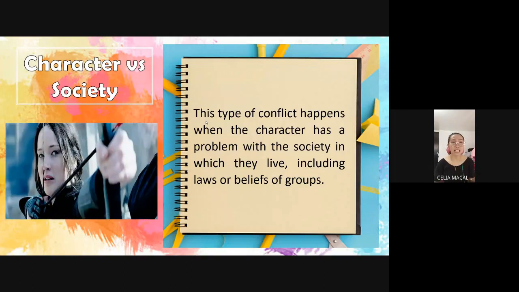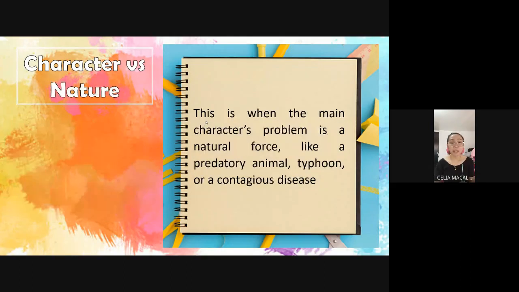Third one is character versus nature. This is when the main character's problem is a natural force, like a predatory animal, typhoon, or a contagious disease. For example, we have the movie Train to Busan, where a contagious disease that makes a person zombie-like spreads.